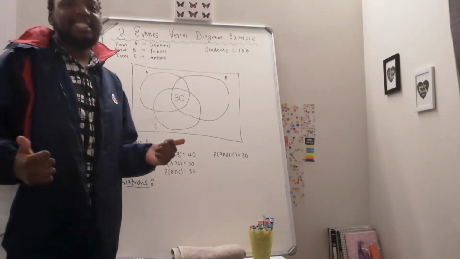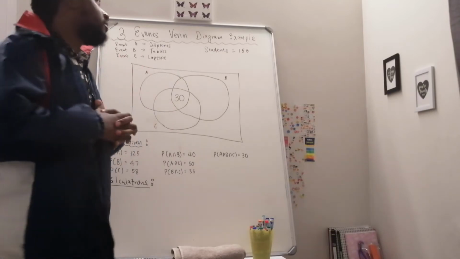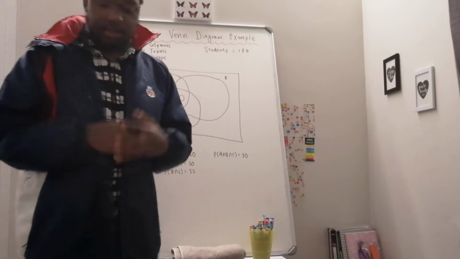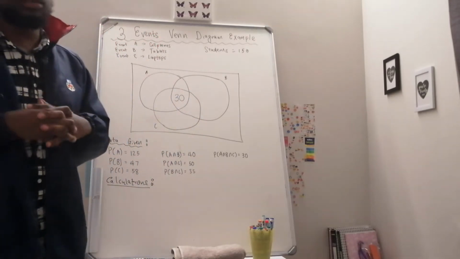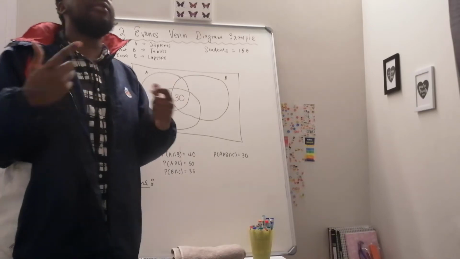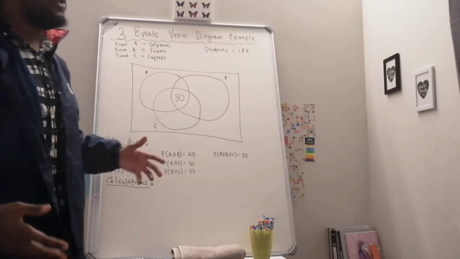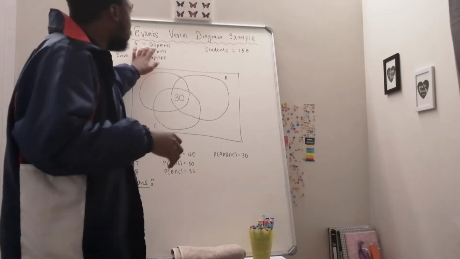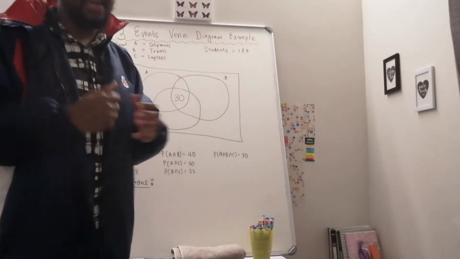So we're doing something exciting today. We're doing a 3 events Venn diagram. So what does that entail? Let me just let you in on the scenario. We have 150 students, well, a survey that was taken of 150 students. The survey was just trying to find out how many of the students use cell phones, tablets and laptops.